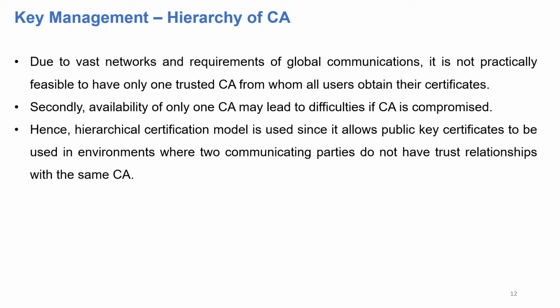And secondly, availability: due to the availability of only one certifying authority, if the one CA that exists is compromised, or some problem happens, then this will lead to a problem with all the other certifying authorities. So we have a hierarchical certification model which is used, since it allows public key certificates to be used in environments where two communicating parties do not have trust relationships with the same certifying authority.